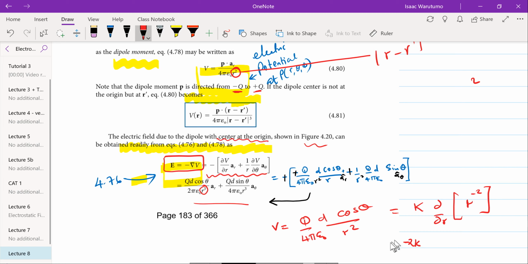Of course, this 2 comes here, and then you minus 1, it becomes r to the power minus 3, and this is equivalent to saying minus 2k all over r cubed.